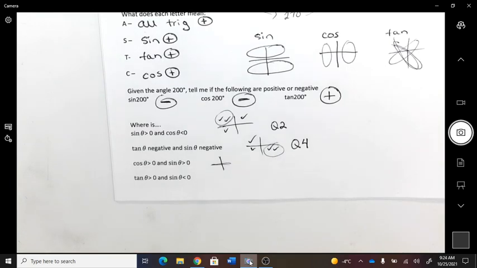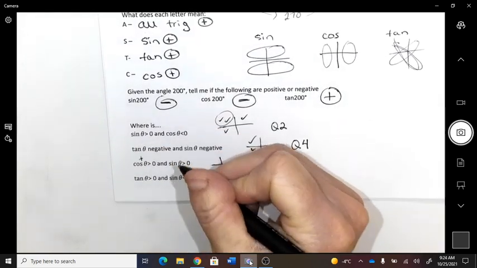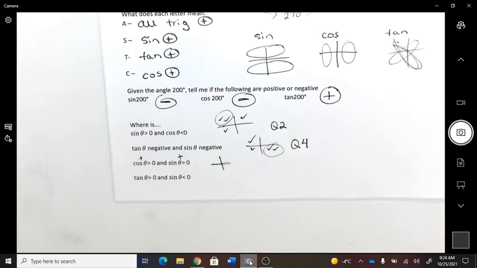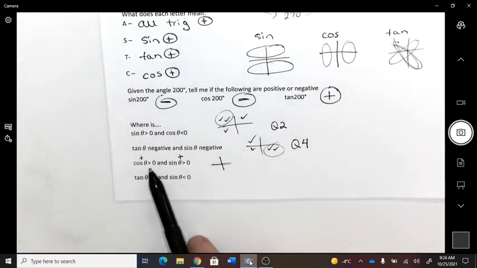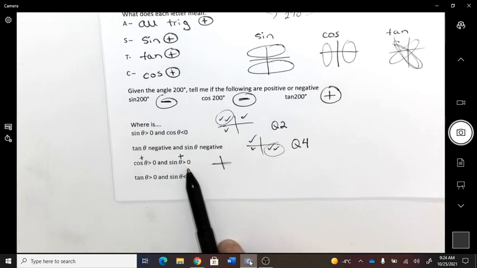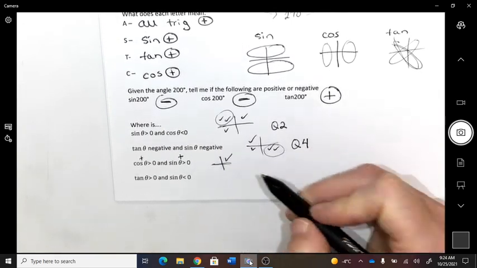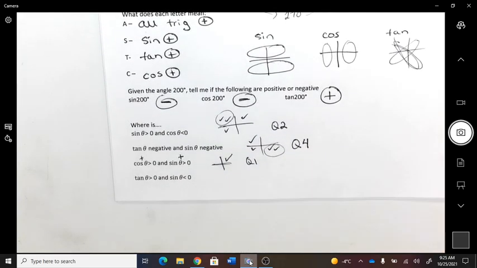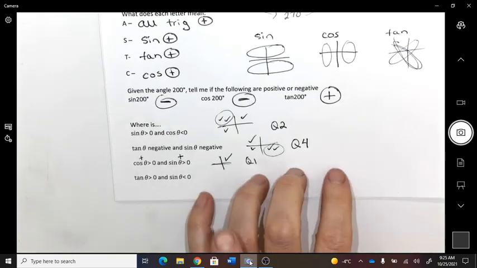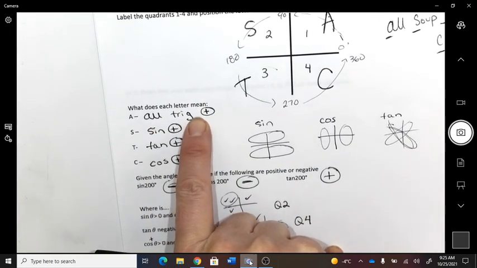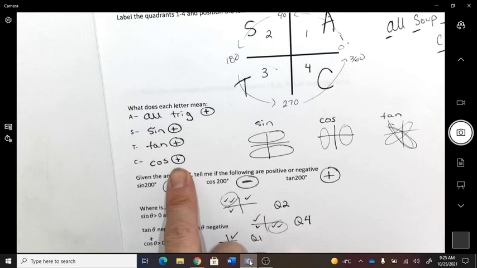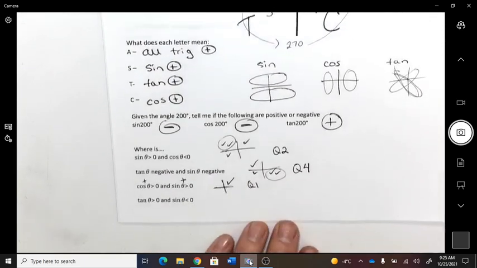Okay, cos positive, sine positive. Does anybody know the answer already without doing the check marks? Because which quadrant is the only quadrant where you could have multiple things being positive? Quadrant 1. Right? Quadrant 1, they're all positive. Otherwise, only one thing is positive.